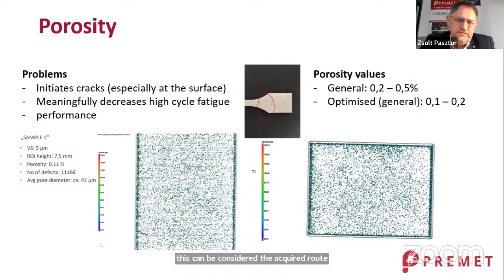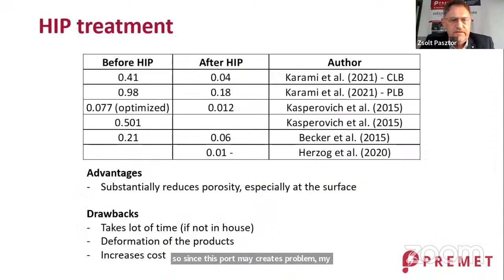So since these pores create problems for the parts, a solution has to be applied to remove these pores. One technology, or one process, which is applied, is HIP treatment. HIP is a hot isostatic pressure treatment carried out at high temperatures and high pressures.